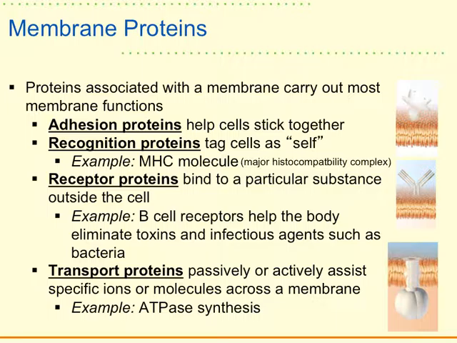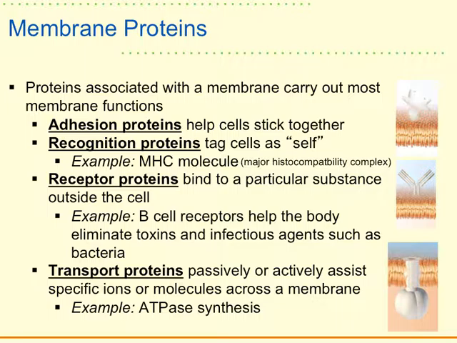And when another cell gets in there that doesn't have self on it, the body wants to eat it up and spit it out. Okay? Receptor proteins bind to a particular substance outside the cell. For example, B cell receptors help the body eliminate toxins and infectious agents such as bacteria.